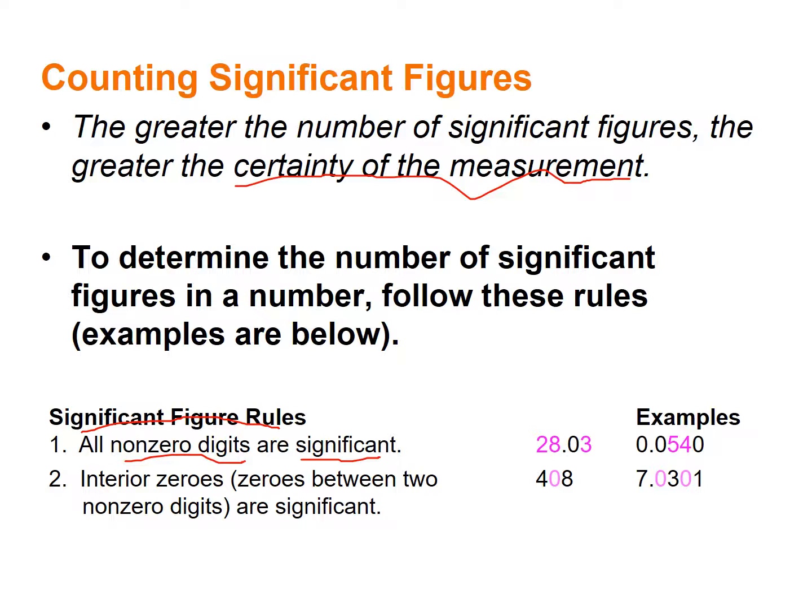When you see a number written out like this, all of the numbers in pink are significant because they are non-zero. Interior zeros, zeros between two non-zero digits, are always significant. So here, my 0 here and my zeros here are also significant because they are inside of non-zero numbers.